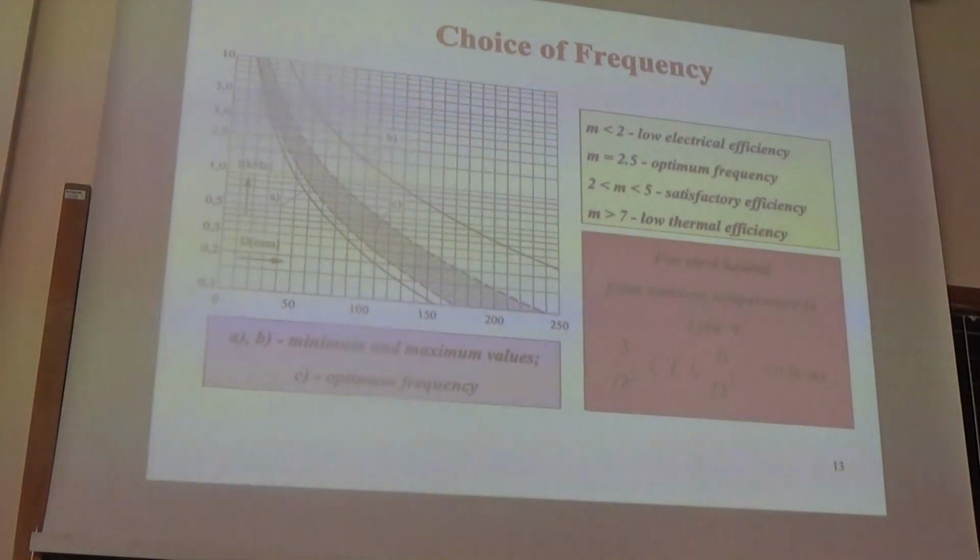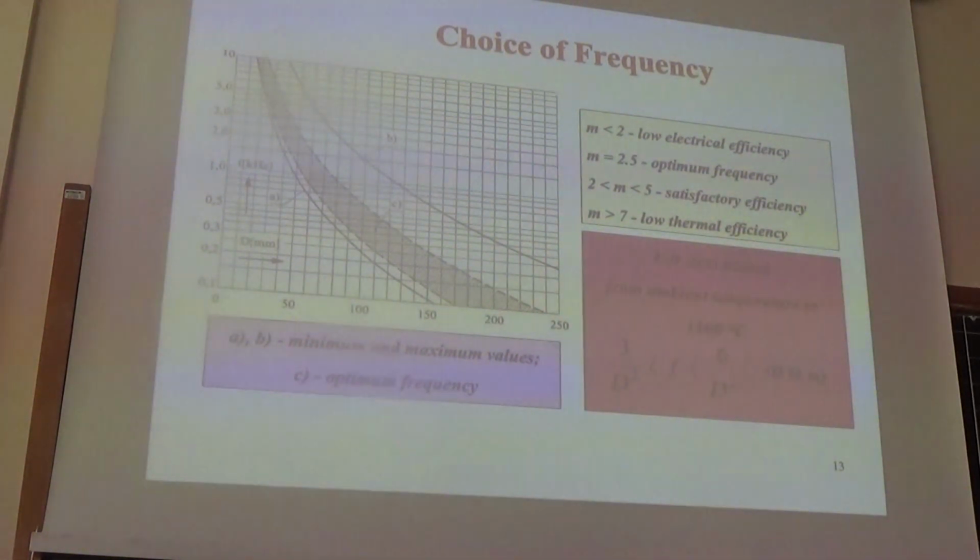So let me say that it's not a parameter that I can choose. The only parameter that I have to choose properly is the frequency, because the material is the material. If I have a magnetic material with a certain resistivity, I can't change it. I have to treat this material. So the only parameter where I can drive something is the frequency.